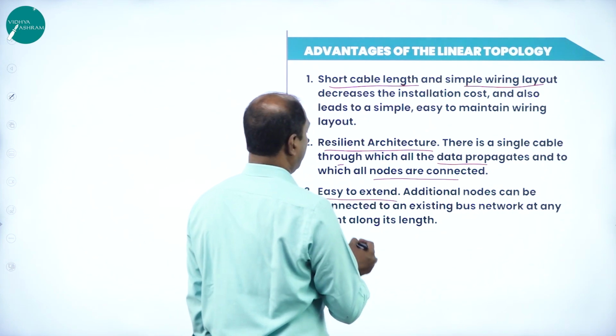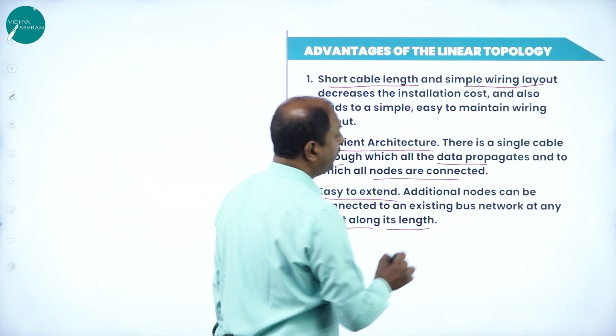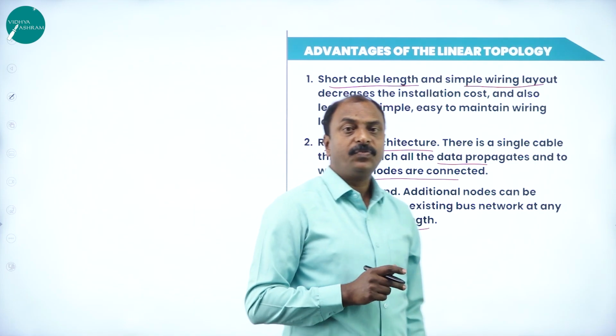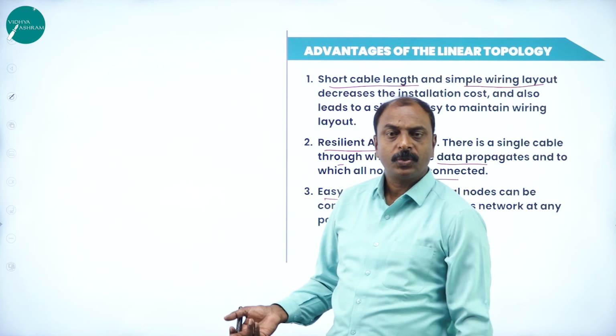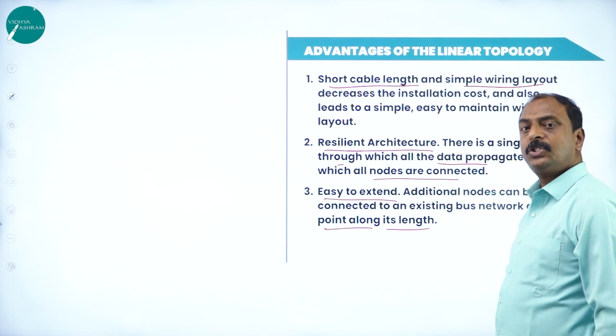Additional nodes can be connected to an existing bus without any break along its length. So here in the bus topology, it is easy for us to add any new computer or any new node to the network. These are all advantages of bus topology.